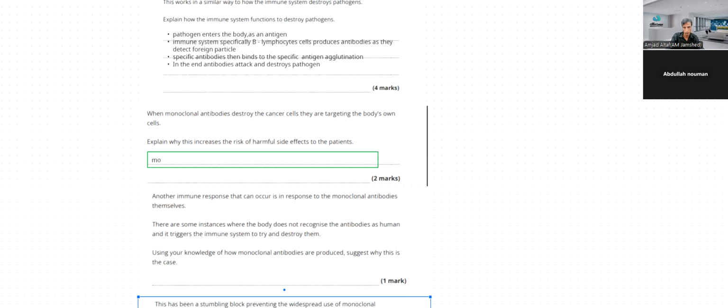So I can write: monoclonal antibodies could destroy the healthy body cells.